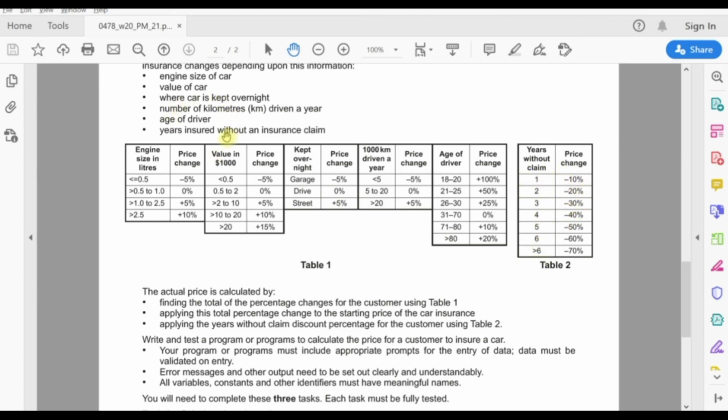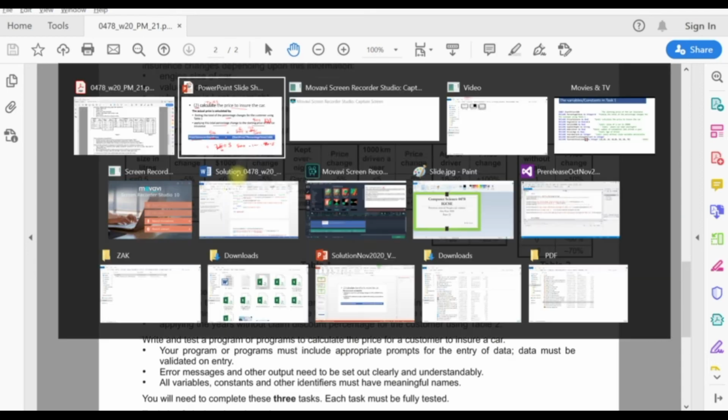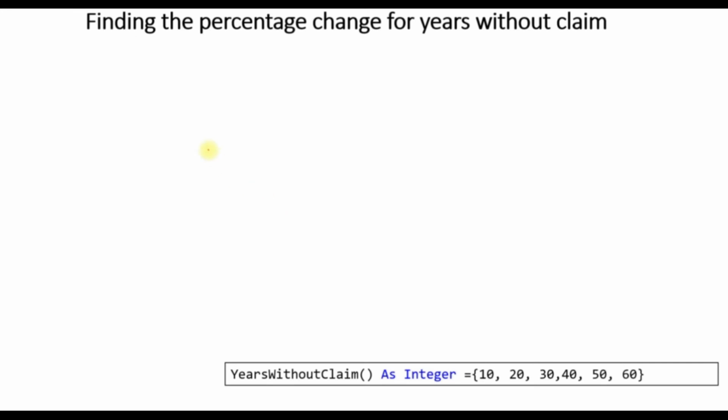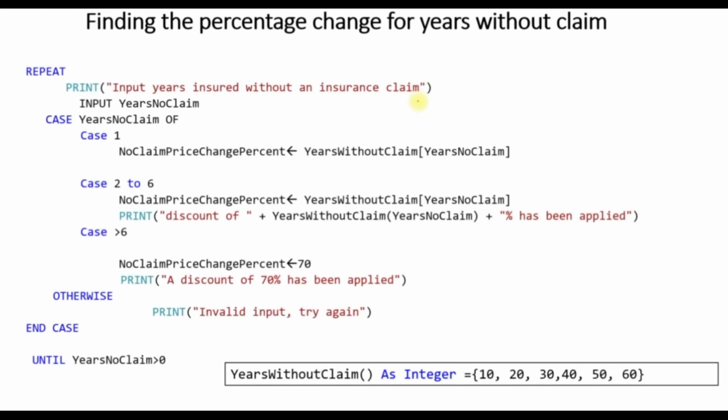Okay, so for this reason, we need to proceed to the next part to the question. Okay, finding the percentage change for years without claim. How we will do this? Okay, I created here a case condition also. It will ask the user, print to show a message for the user prompting him input years insured without an insurance claim, and then the user will input the years without claim.